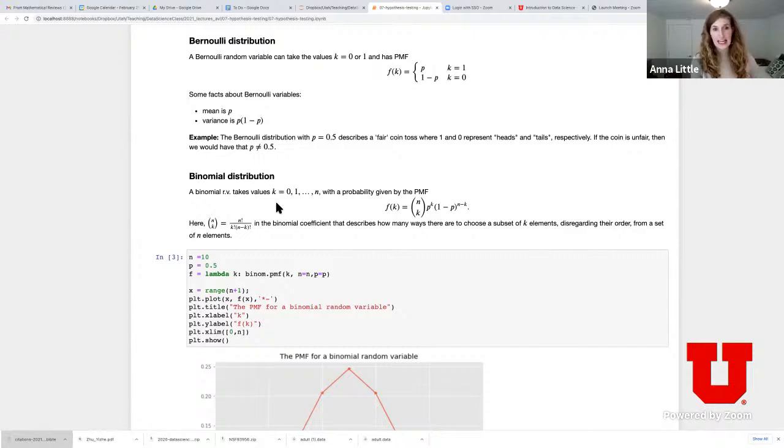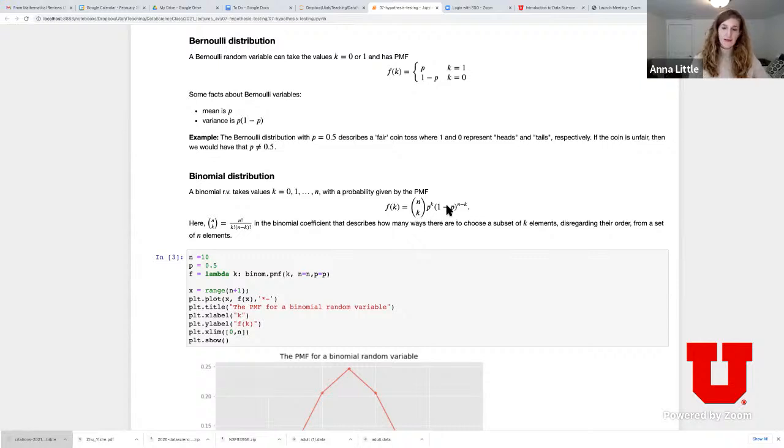If you have n independent Bernoulli trials and you count the total number of successes in that sequence of trials, where each individual trial has success probability p, then that random variable has a distribution, and it has a PMF described by this right here. Possible values are between 0 and n, so k ranges from 0 to n.